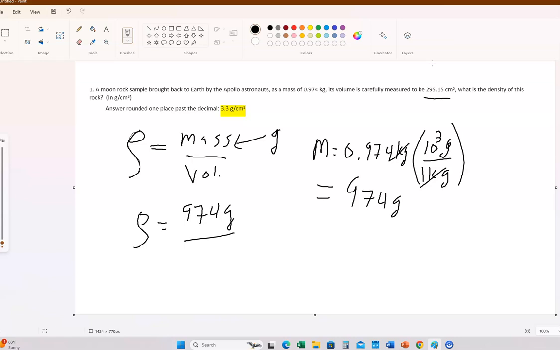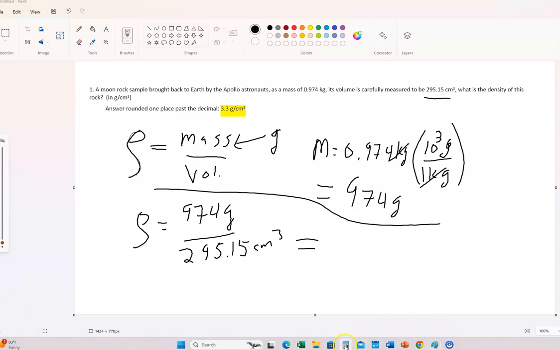This would be 295.15, and it's centimeters cubed. So now we're ready to calculate this. This answer is equal to, and I already have it up here, it should be 3.3.